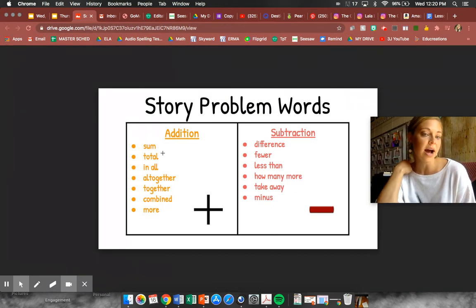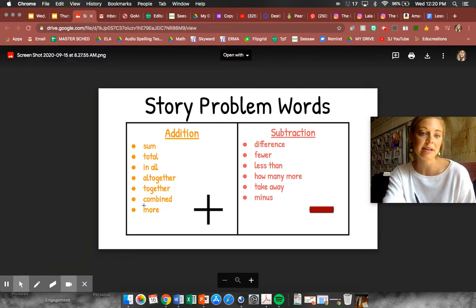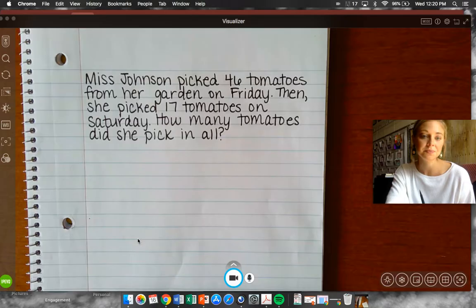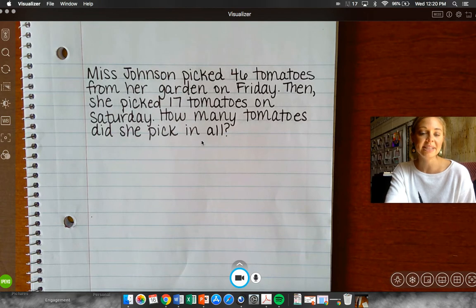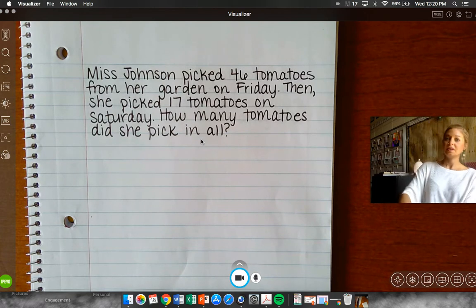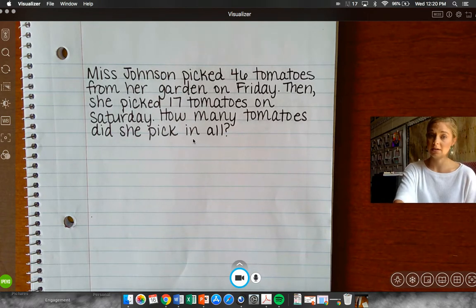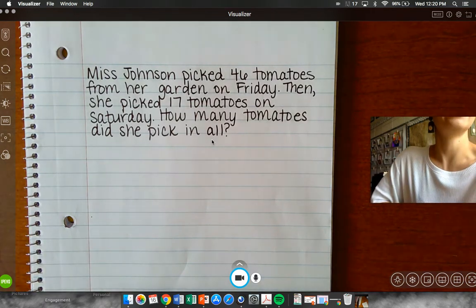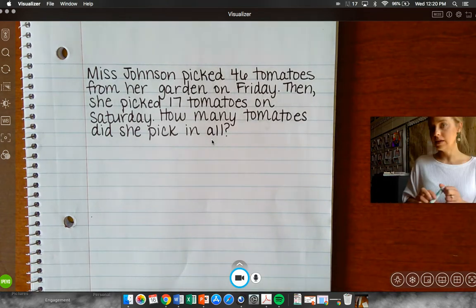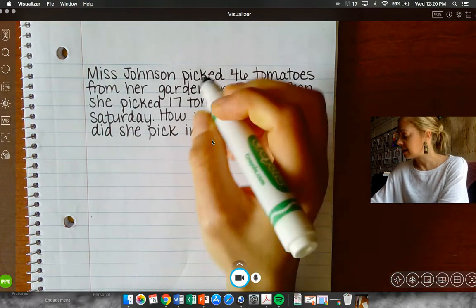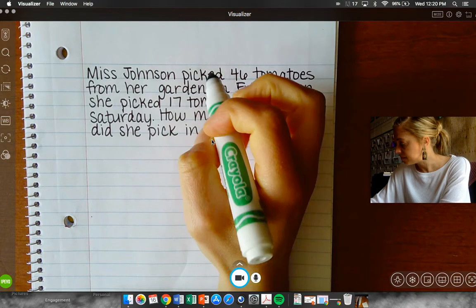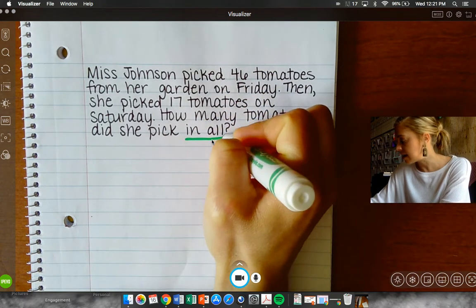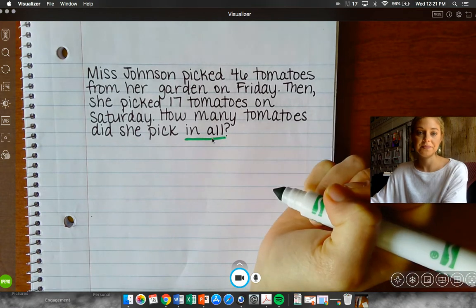Okay, so I'm going to look and see if I see any of these words. Now it says in all there. In all is one of my story problem words, and it means to add. So I'm going to underline those words because they're important.